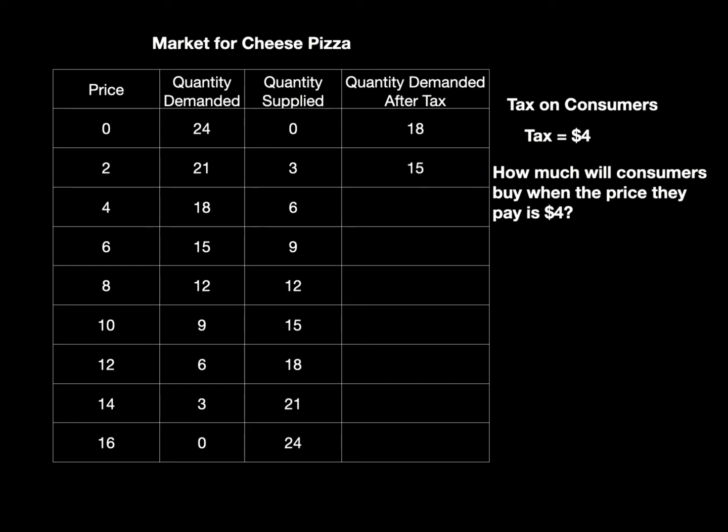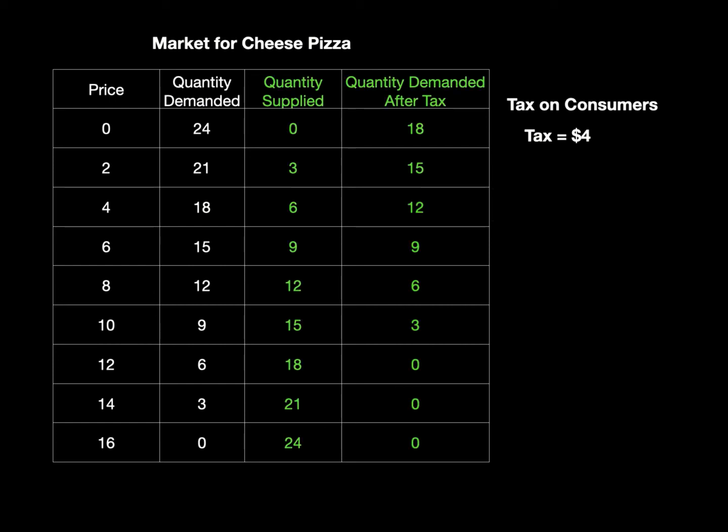How much will consumers buy when the price they pay is $4? If consumers are paying $4 to producers, after tax, they'll actually be paying $8. And so quantity demanded at a price of $4 will be 12. This is the new demand schedule after the $4 tax is imposed on consumers.